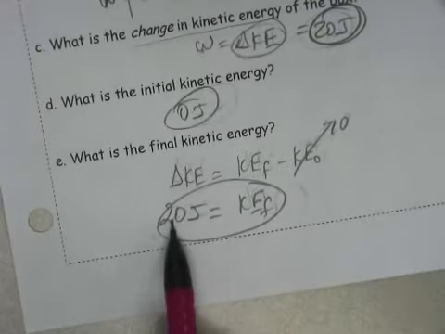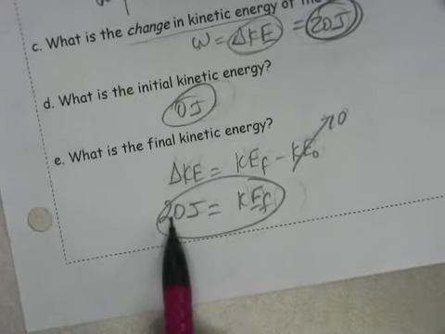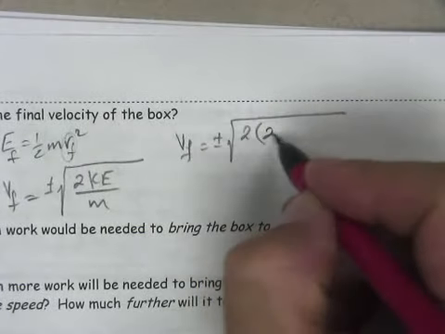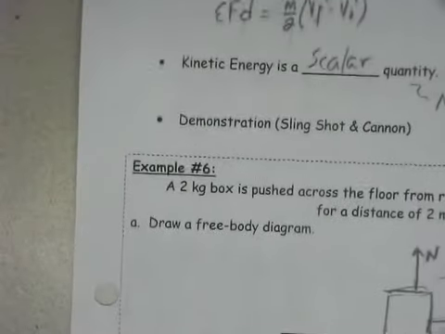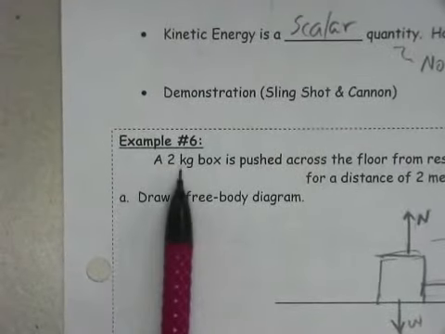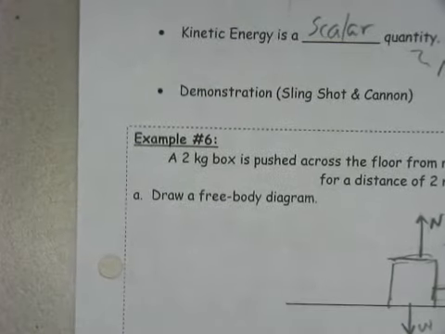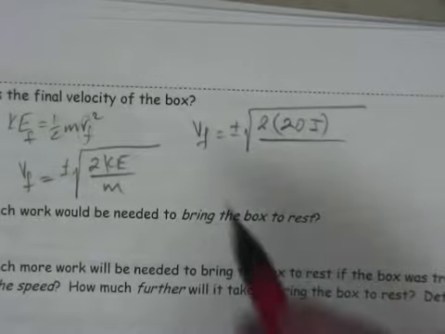All right, what was that? So I'll go back here. Kinetic energy was 20 joules. So we'll go 20 joules here, over the mass. Let's go back to the very beginning, where they gave us the mass. Yeah, here it is right here. So we'll just plug in 2 kilograms.